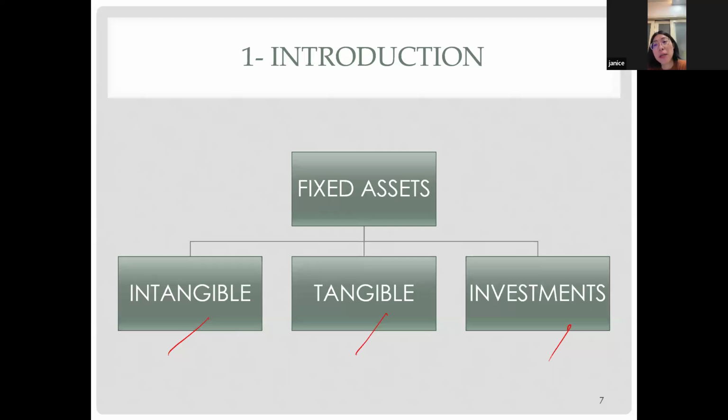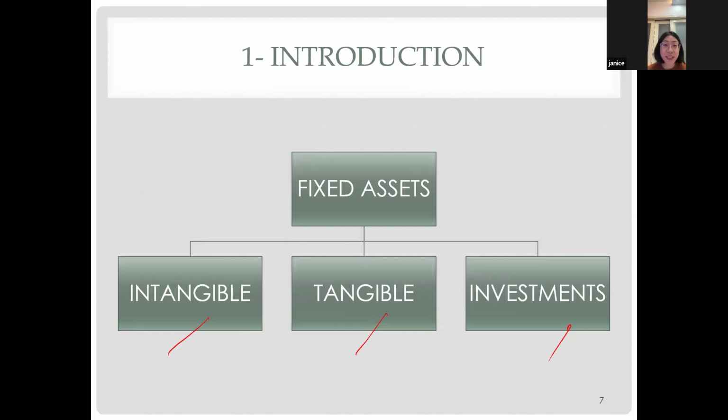For example, goodwill, software. Those are what we call intangible. They are elements that we keep for more than a year, but you cannot actually touch them.